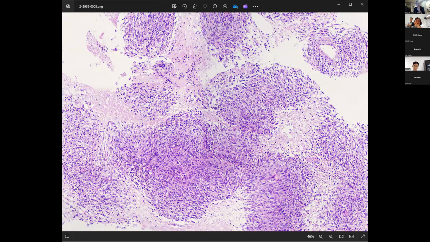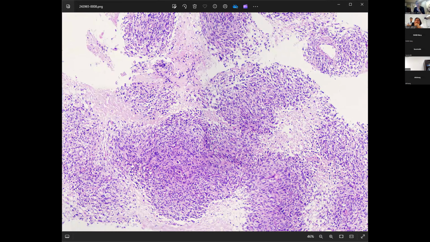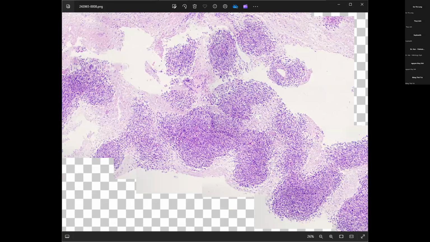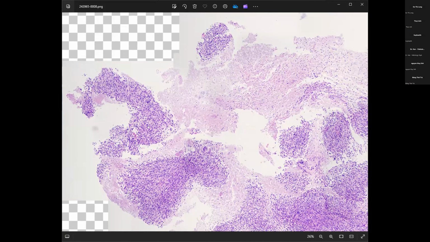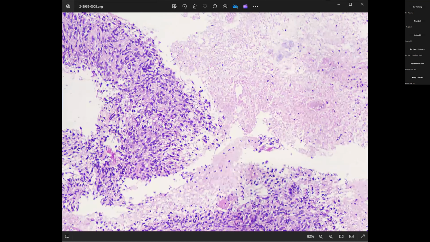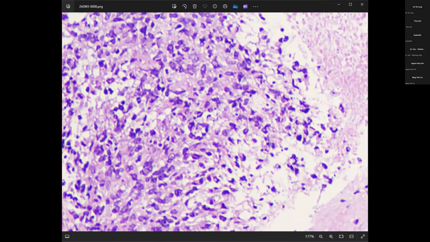In this regard, we do see it in some carcinomas, melanomas, and so that's also a consideration. And of course, always think of melanoma because it can imitate just about every other known tumor.